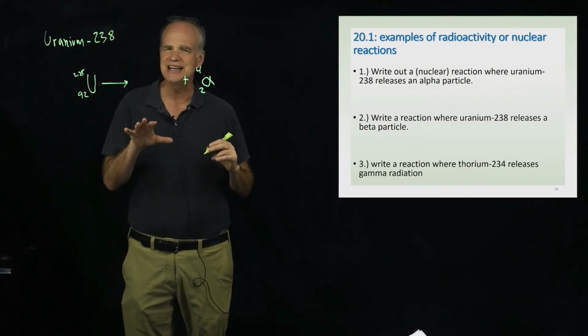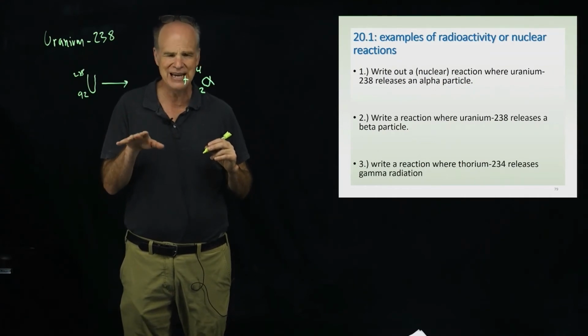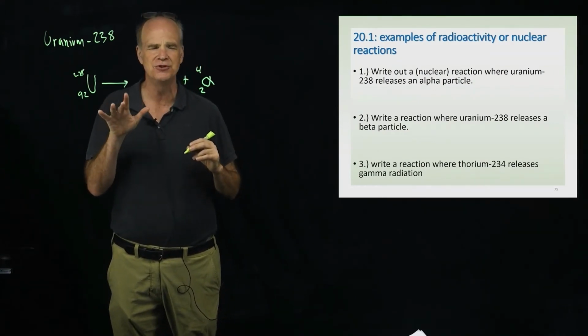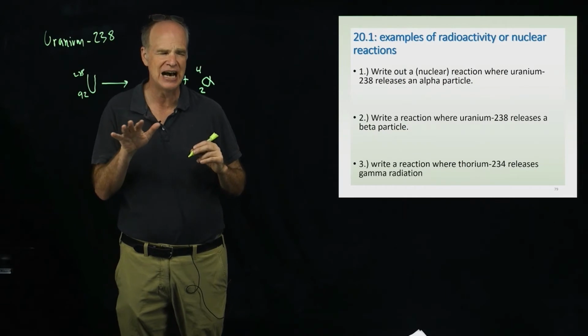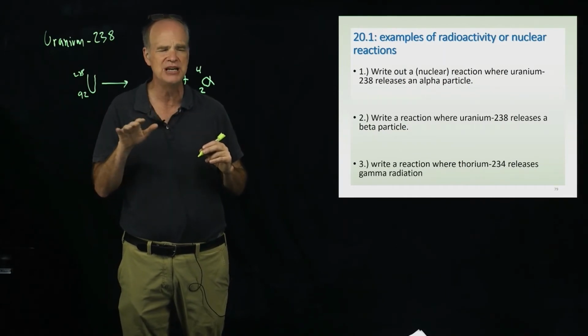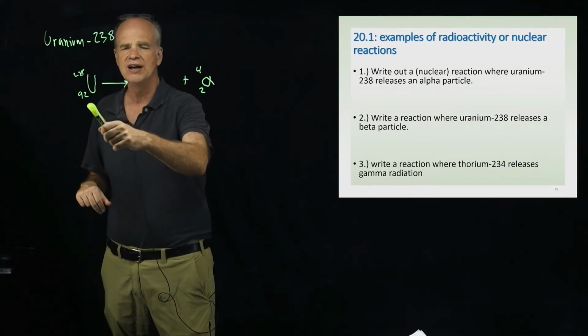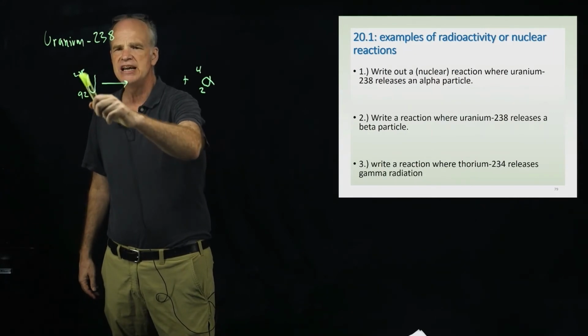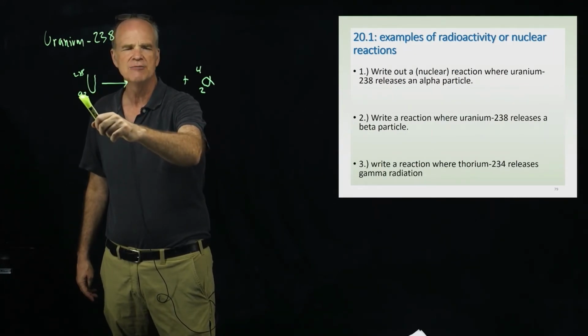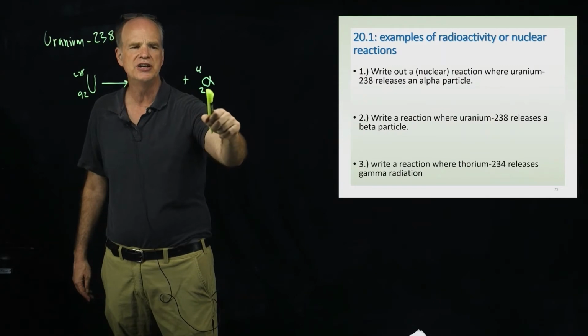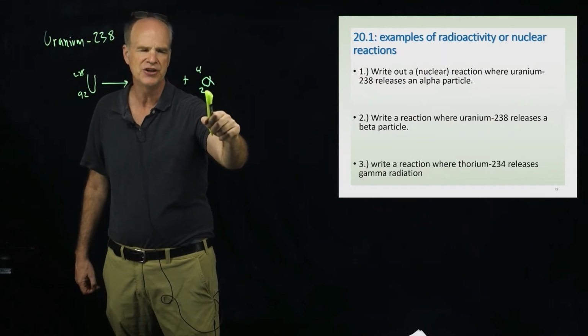So now, can you figure out what remains when the uranium-238 isotope spits out a helium nucleus? You should be able to figure that out. So one thing that is happening is that the uranium-238, which has an atomic number of 92, is losing 2 protons to this alpha particle.